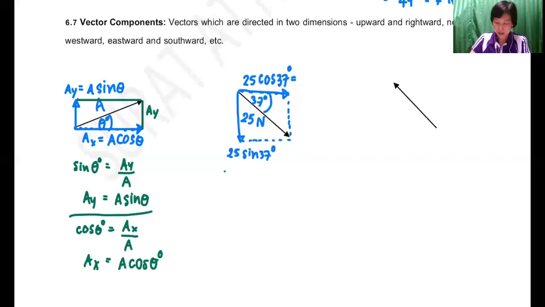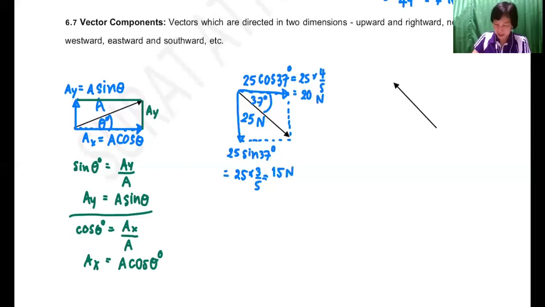How much is it? 25 multiplied by cos 37. Cos 37 is 4 over 5, so 5 times 4 is 20 Newton. The downward component is 25 times 3 over 5, so 5 times 3 equals 15 Newton.